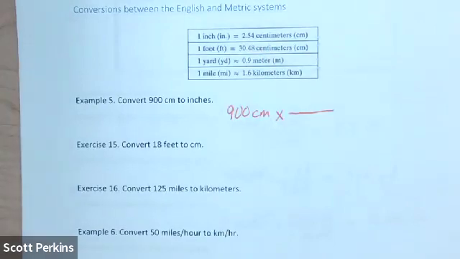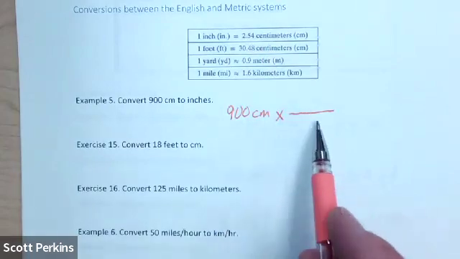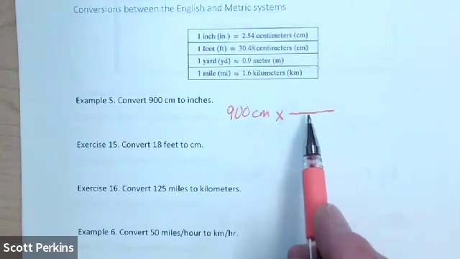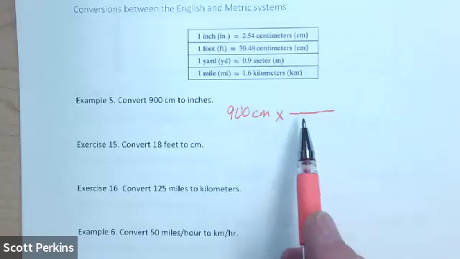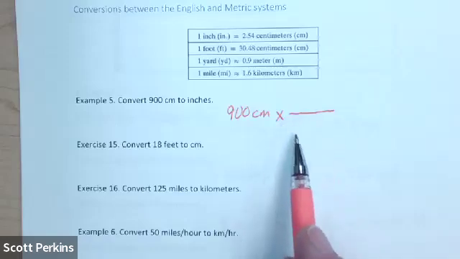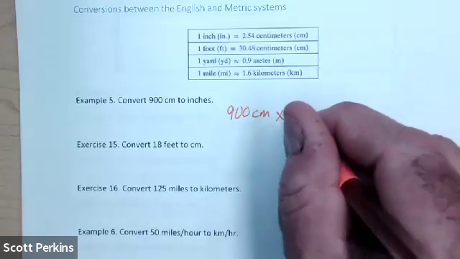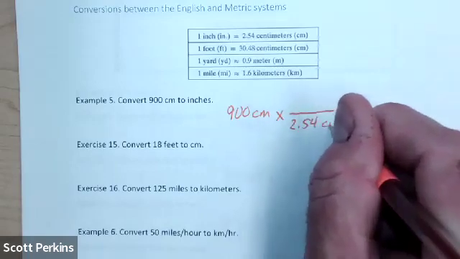And in the table up above, I tell you that there are 2.54 centimeters in 1 inch. So which of those measurements goes on the bottom, just to refresh you, because we haven't talked about it in 5 minutes? Do I put the centimeters on the bottom or the inches on the bottom? Yeah, so I'm going to put the 2.54 centimeters down here.